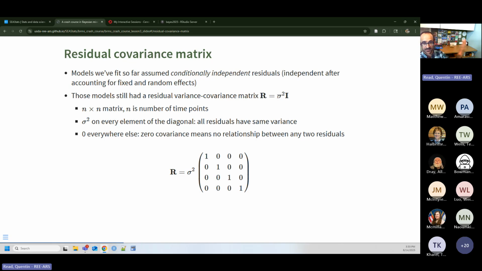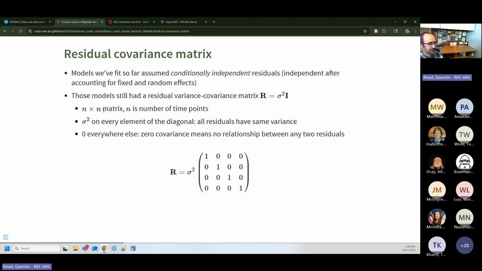But if you assume conditionally independent residuals, it is some constant, the variance, times an identity matrix. So basically, the diagonal of the matrix is the variance at each time point.